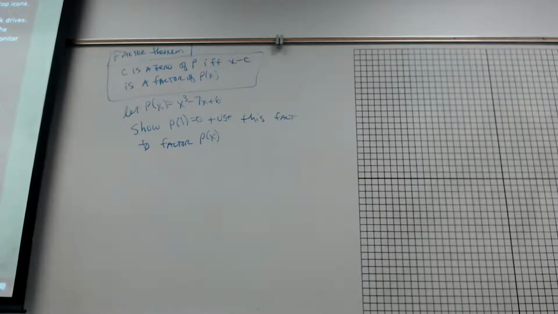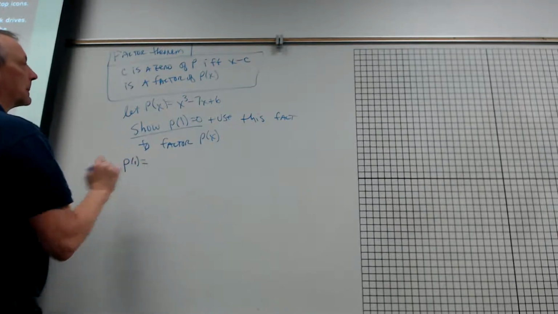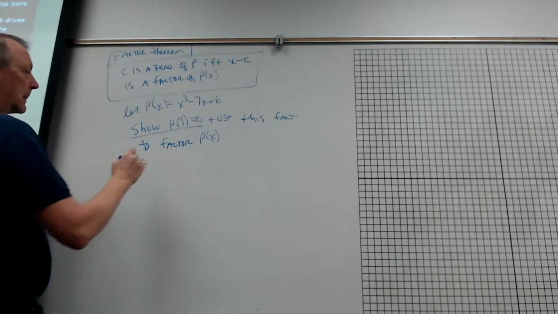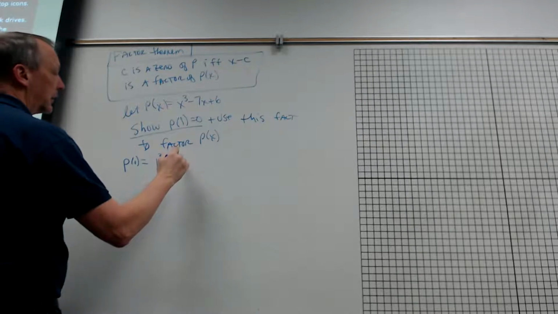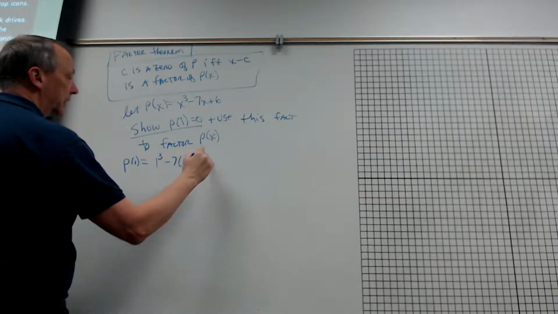So, whose turn is it? It must be Max's turn. Can you show me that P of 1 is 0? Just plug it in. What's P of 1? 1 cubed minus 7 times 1 plus 6.